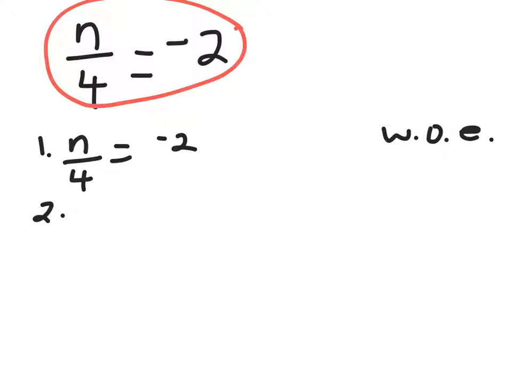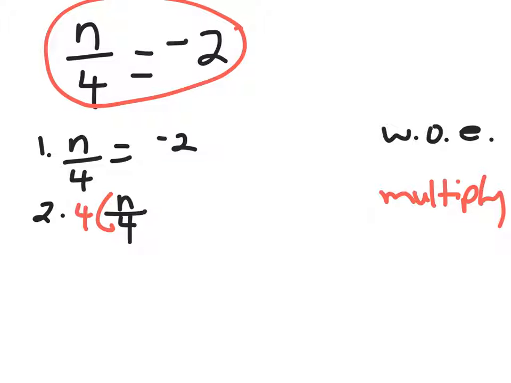It's division, so to undo that we need to multiply. We'll do that by multiplying 4. So these will cancel each other out.